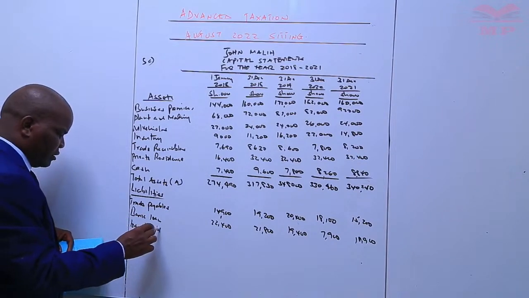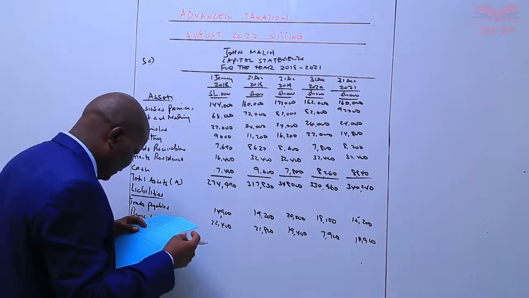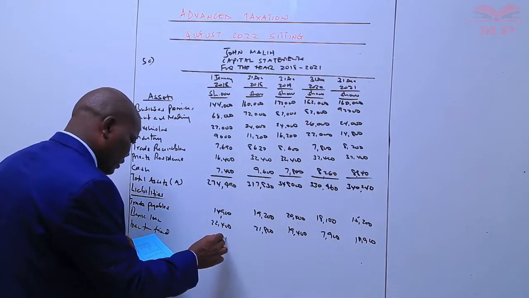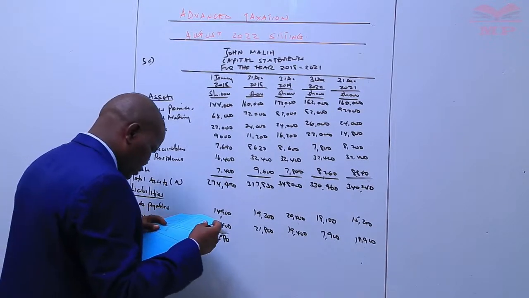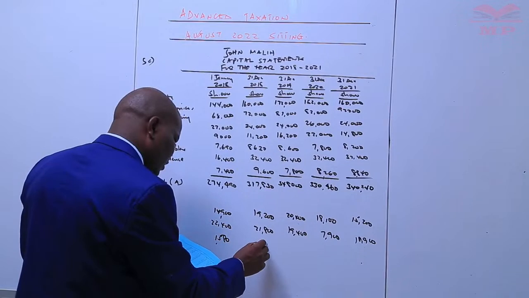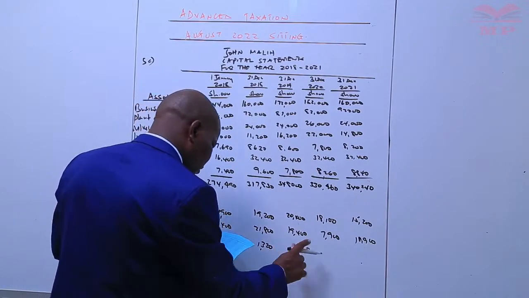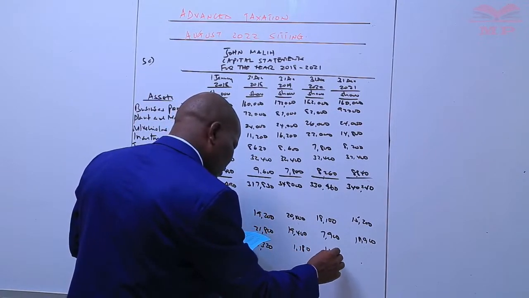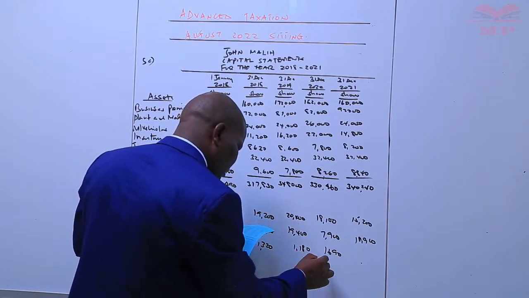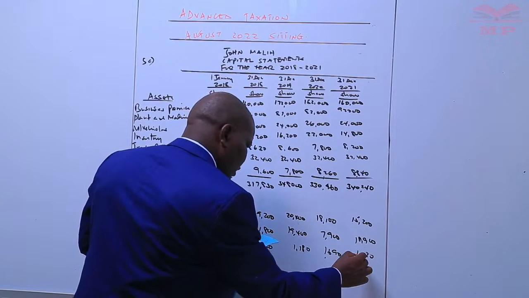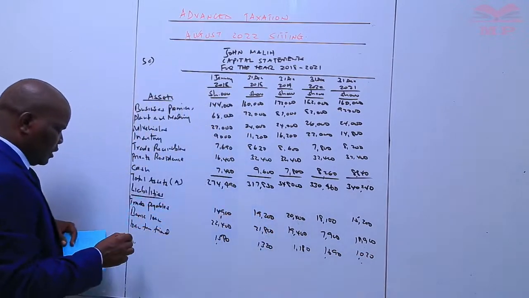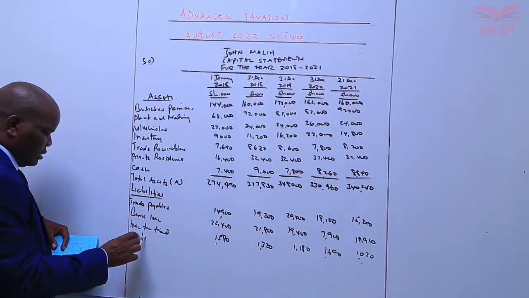Next we have loan from a friend. A loan is a liability. 1580, 1320, 1180, 1690, and 1020. We have mortgage loan, still a liability.